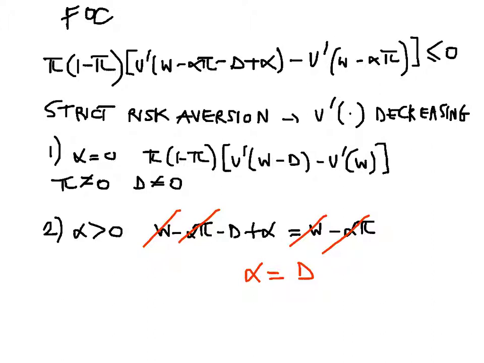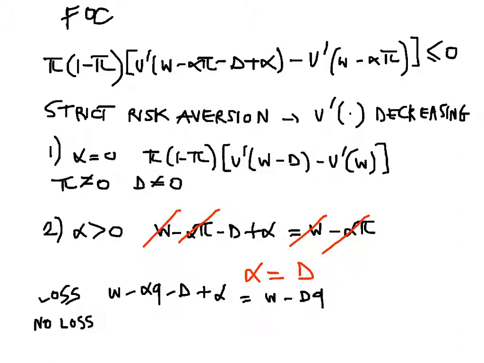Now remember, going back to the actual wealth amounts, if there's loss and if there is no loss. So if there's loss, we had the wealth less the cost of insurance, less the damage plus what we insured. And given that alpha is now equal to d, this simplifies to w minus dq, which is also equal to w minus d pi.